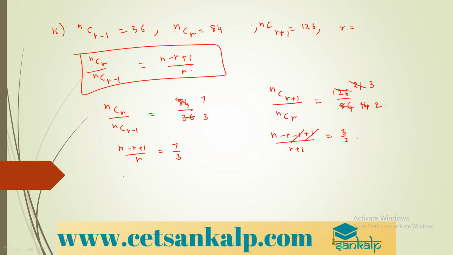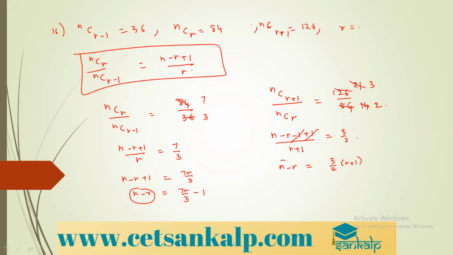Okay, so here I will write N minus R plus 1 equal to 7R by 3. N minus R equal to 7R by 3 minus 1. Why am I finding N minus R? Because here also I have N minus R equal to 3 by 2 into R plus 1.